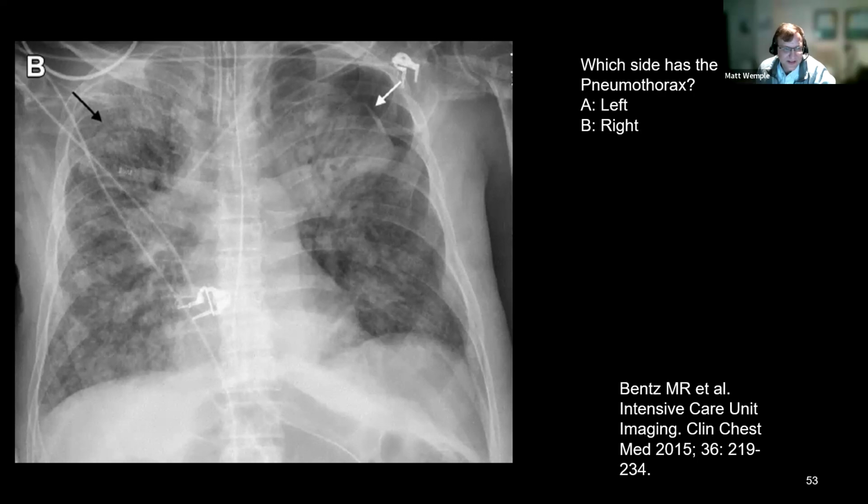Okay, 85% said left and 15% said right. Excellent. So yeah, I would agree that it's the left. And this is the teaching point I wanted to make about pneumothoraces versus skin folds, which is pretty tough to sort out sometimes. With a skin fold, you'll sometimes see patients when they're lying on something and they move the plate in, they shift their skin folds around.